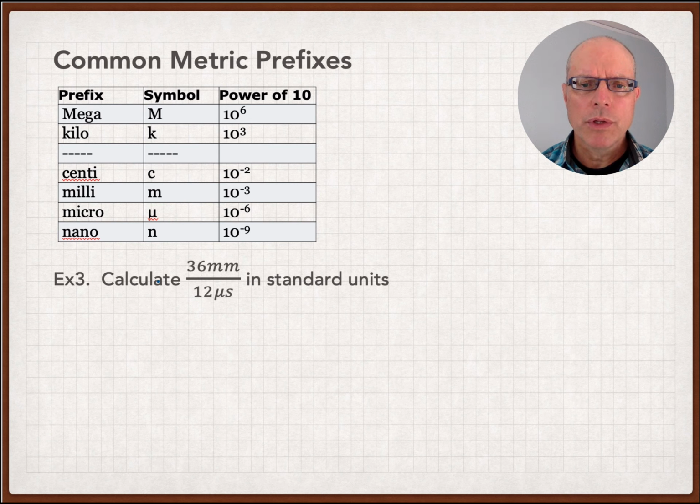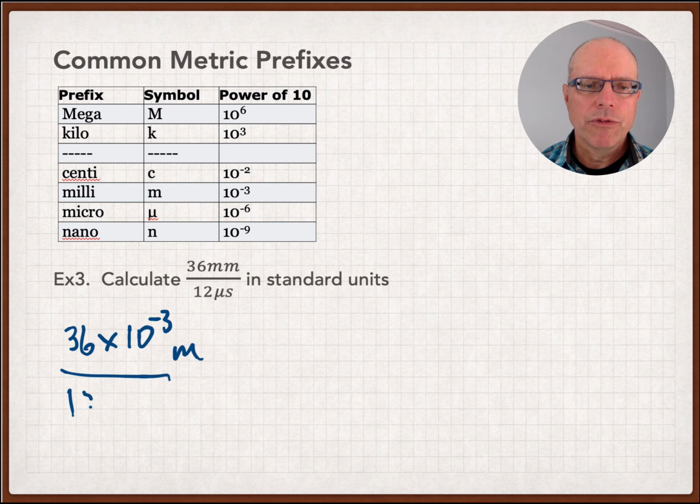Okay, one more that looks a little more complicated, but really isn't, is this, where you have compound units in a fraction. It's really just 2 problems that are exactly the same as what you've been doing. Again, these letters mean numbers, so just go with it. So we have 36. Instead of milli, we'll write times 10 to the minus 3 meters, divided by 12.